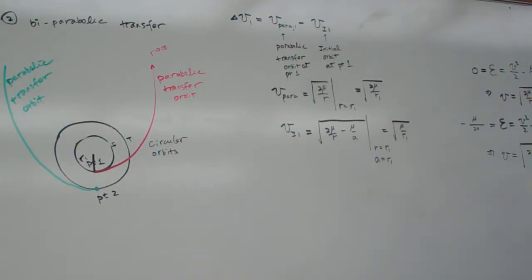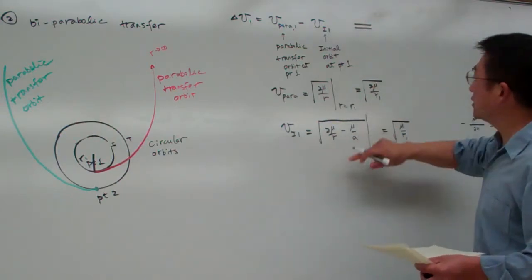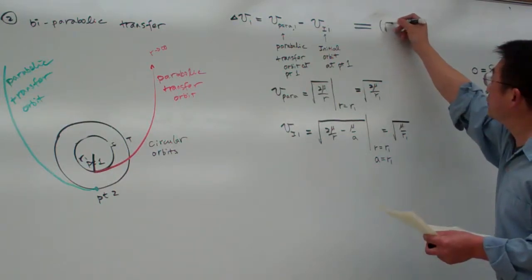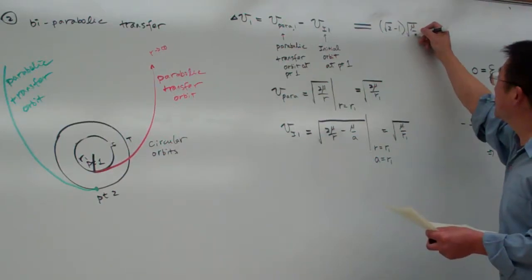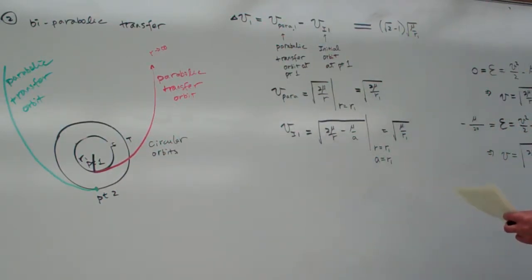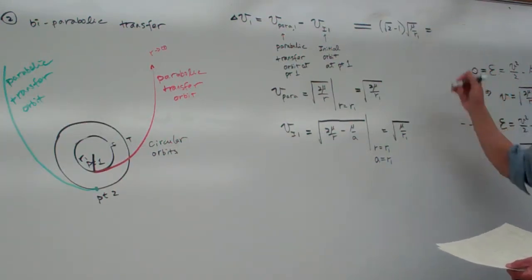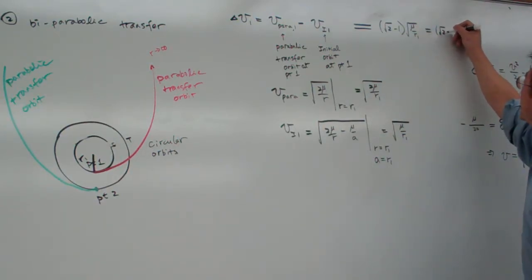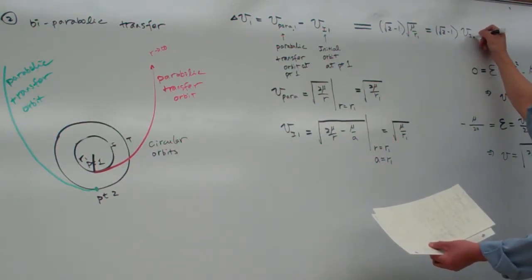Therefore, plugging in everything, that is equal to the square root of 2 minus 1 times mu over R1. I want to express this in terms of V1, so we can express this number as VI1 here.